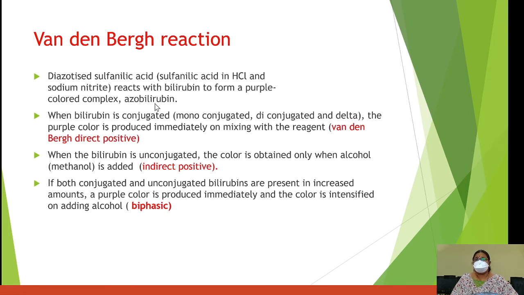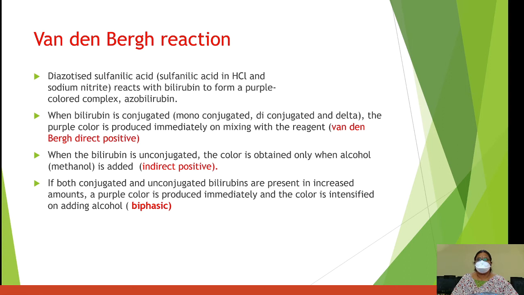We are measuring the intensity of the color to estimate the amount of bilirubin. When the bilirubin is conjugated, the purple color is produced immediately on mixing with the reagent. That is van den Bergh direct positive reaction.